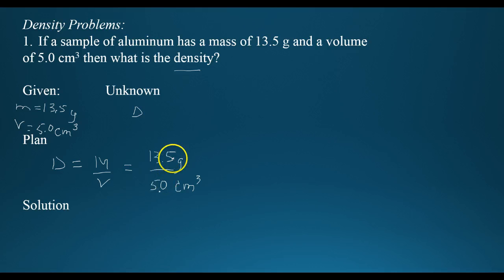Sig figs: 13.5 has 3, 5.0 has 2, so you want two significant figures in your answer, which would be equal to 2.7 grams over centimeters cubed. Unit must follow the number. Okay, this is a calculated measurement.